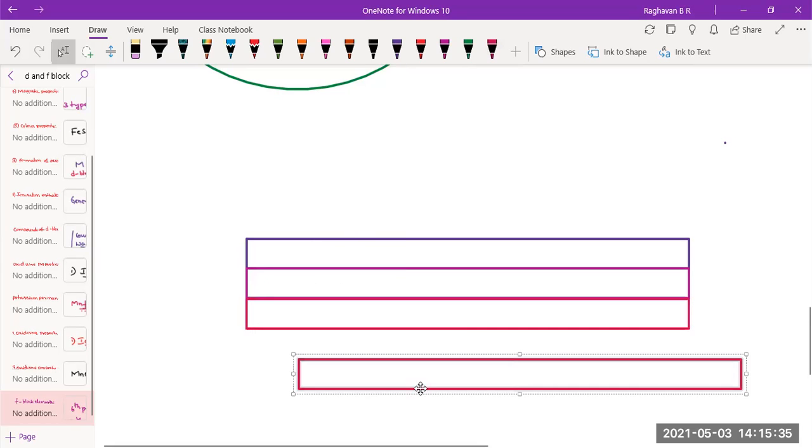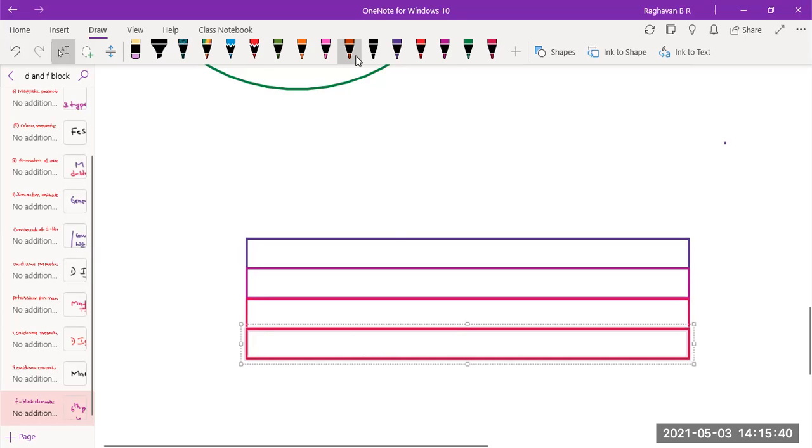Let me draw some more. These four series of D, I'm just drawing here. Now, this is the 3D series, from scandium to zinc.